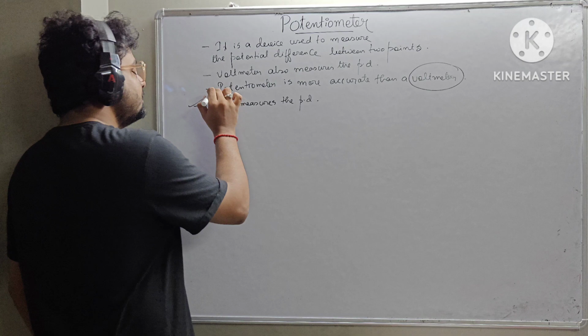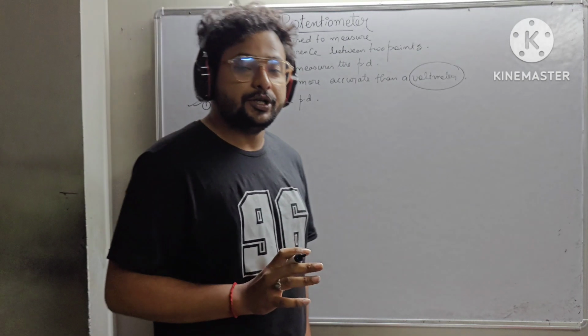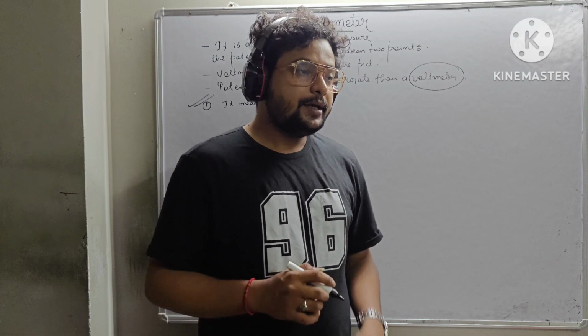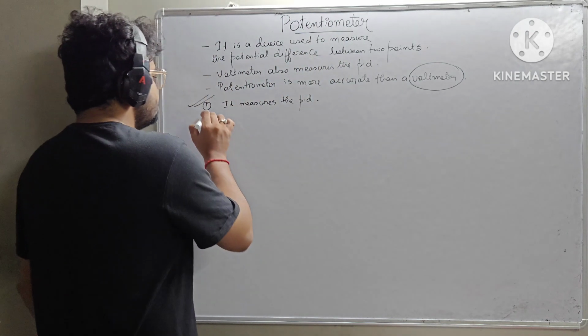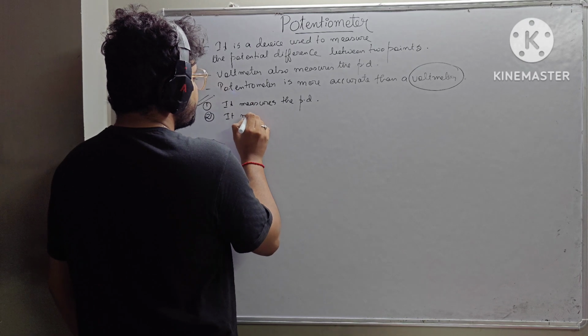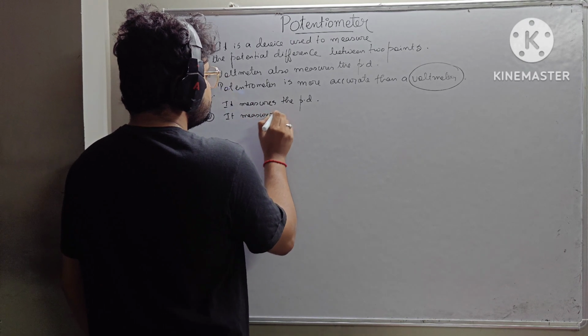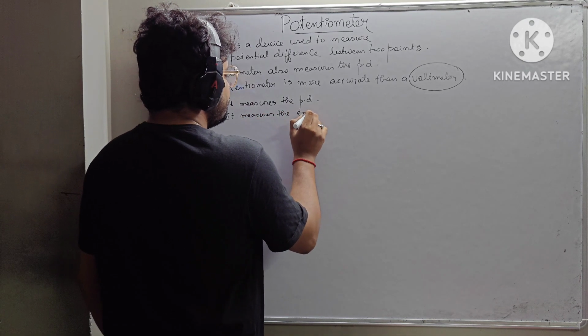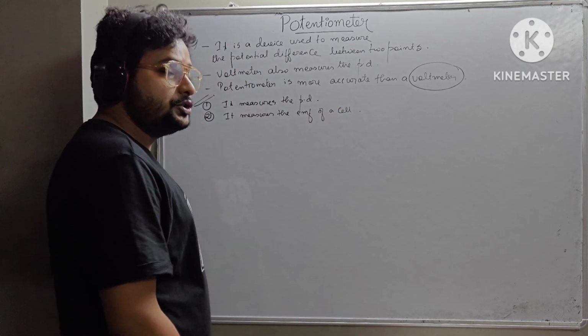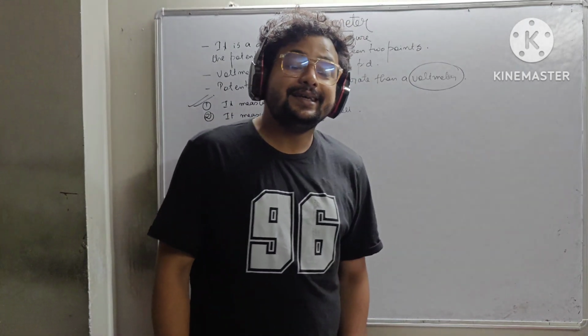Okay, so this is the basic function of a potentiometer. The second function is, it measures the EMF of a cell. So a potentiometer can also be used to measure the EMF of a cell.